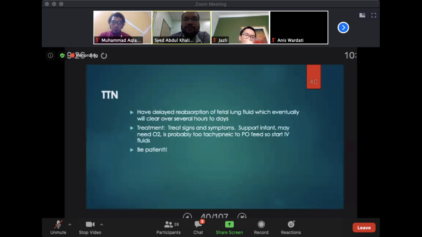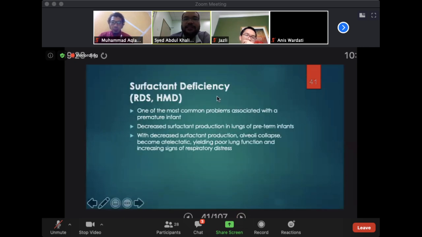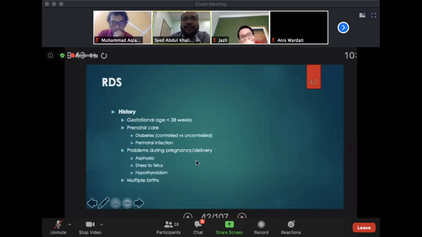Next, surfactant deficiency or hyaline membrane disease, mostly associated with premature infant. So the problem is decreased surfactant production. Because why? Sebab surfactant tak sempat nak produce lagi, kan? And then history usually is premature baby, mother with diabetes and whatnot.